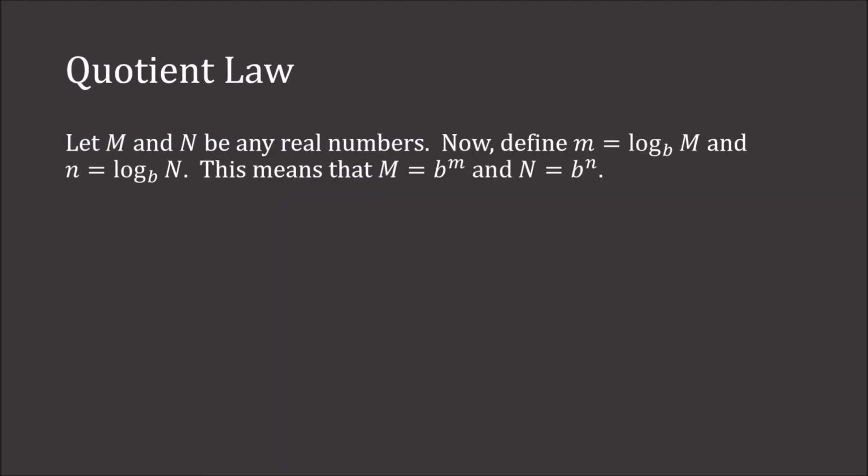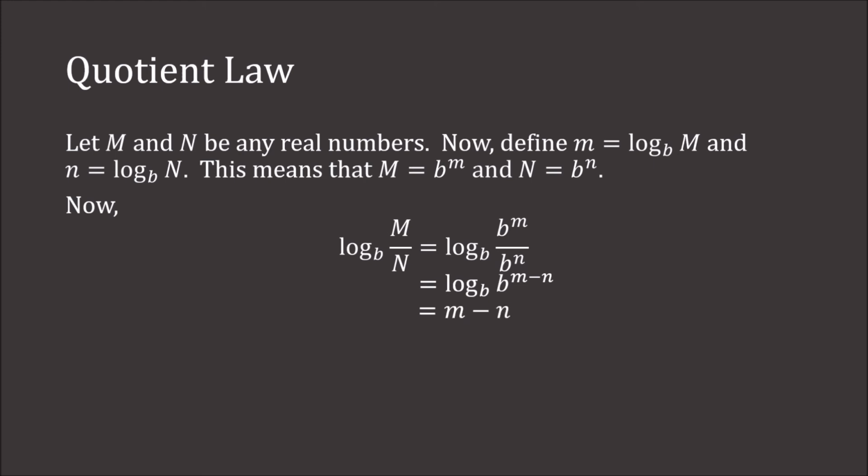Again, we let M and N be any real numbers. Again, we'll define little m to be log base b of M and little n to be log base b of N. Now, log base b of M over N. This will become log base b of b to the m over b to the n, which will become log base b of b to the m minus n, which is m minus n.